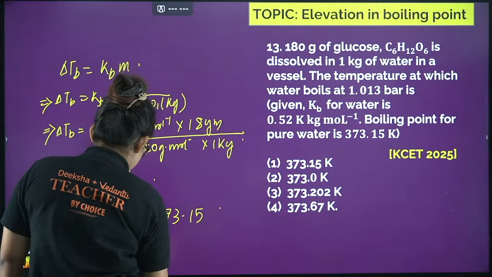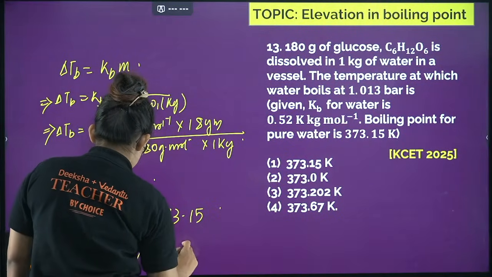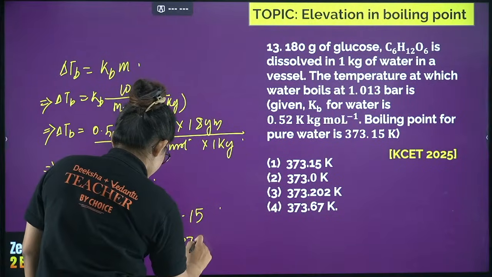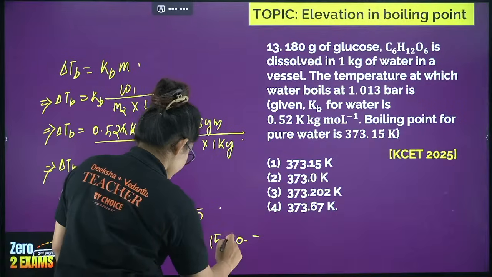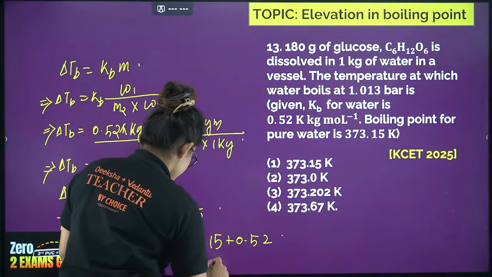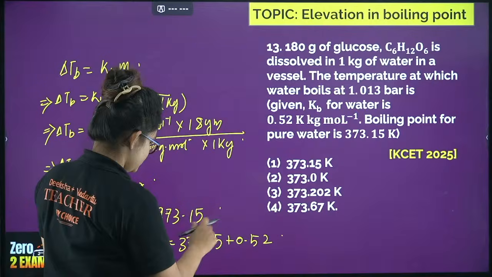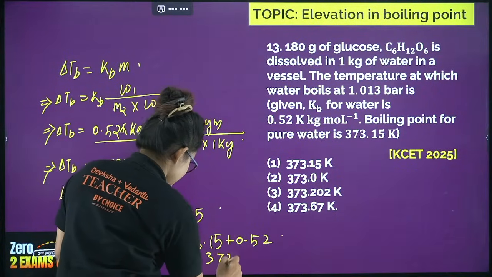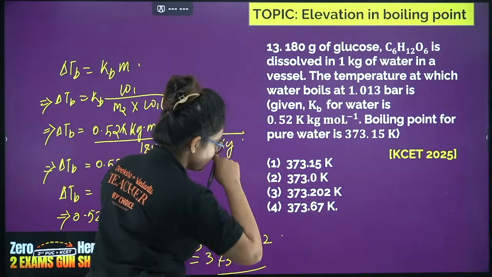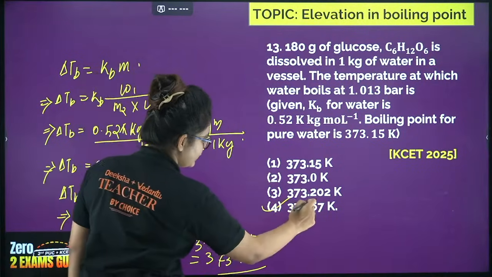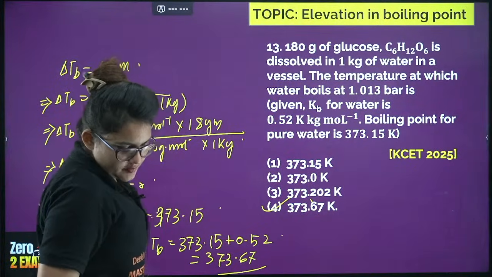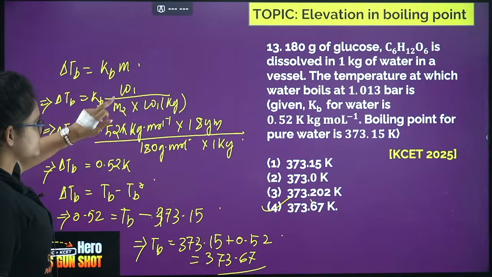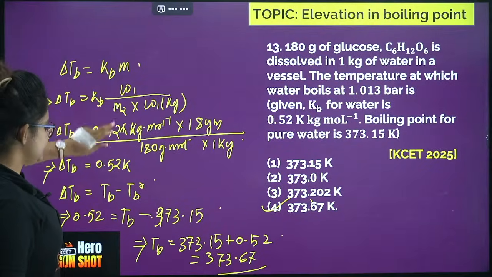So now TB will be 373.15 plus 0.52. You will get the answer almost equal to 373.67. So option 4 is the correct one. I guess it's clear to you. Let's proceed further.